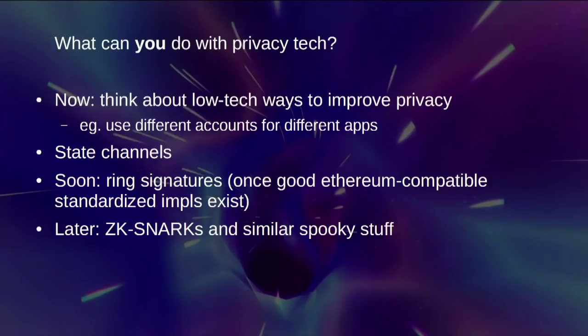Number two, use state channels. Get excited about state channels. Love state channels. Soon, ring signatures. Ethereum is launching an update in a few days, called Byzantium, which will introduce support for different kinds of cryptography, including ring signatures and ZK snarks.